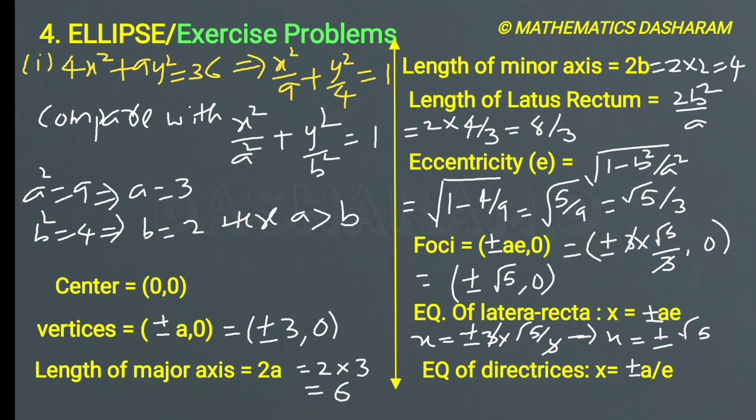The formula is x equals plus or minus a by e. Here the a value is 3 divided by the e value, that is eccentricity, root 5 by 3. So its simplification is x equals plus or minus 3 3s are 9 divided by root 5.